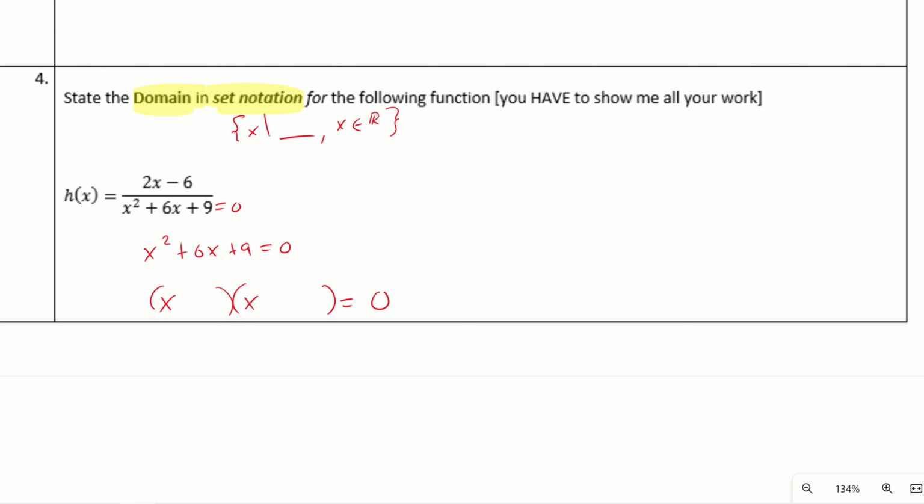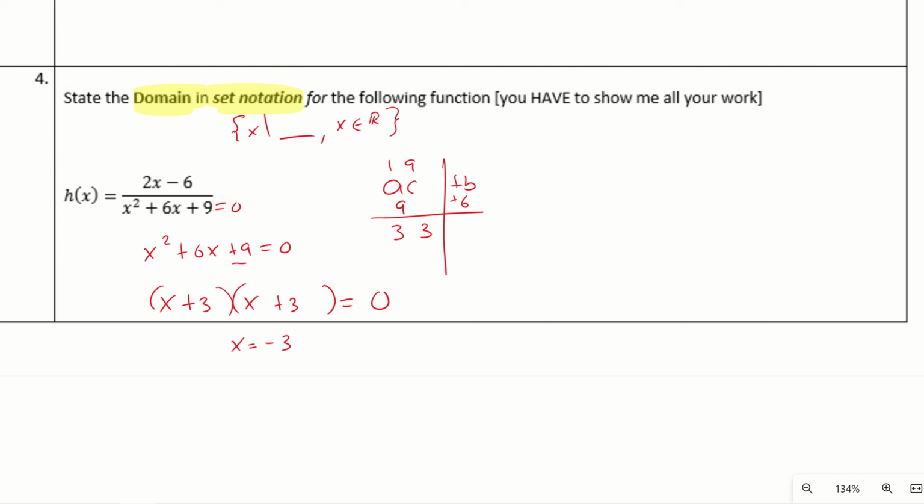We're looking for two numbers that multiply to 9, since a is 1 and c is 9, and those same numbers have to add up to my b value, which in this case is positive 6. Those numbers are 3 and 3, because if you multiply, you get 9, and if you add them, you get 6. So I have x plus 3 and x plus 3. This makes it easy because I have one solution, and that is -3.